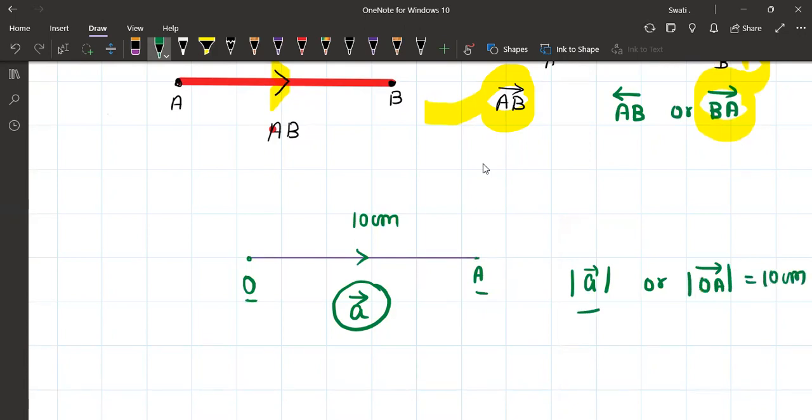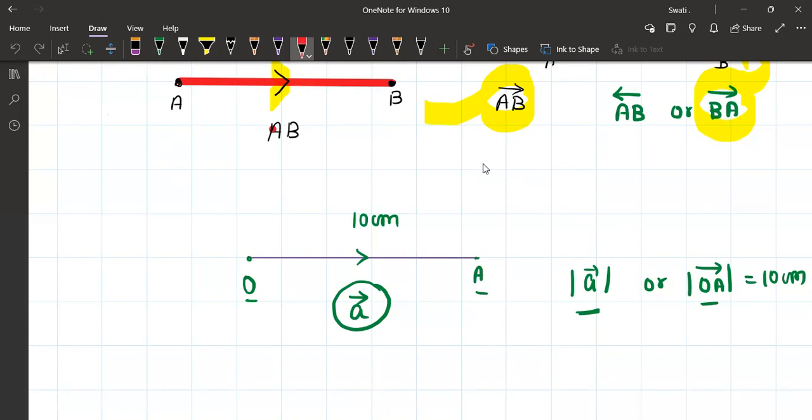So this is how we represent the magnitude of the vector. Remember one more thing: whenever we are talking about the magnitude, we are talking about the distance or the length. Remember, the length can never be negative. It can either be 0 or more than 0.